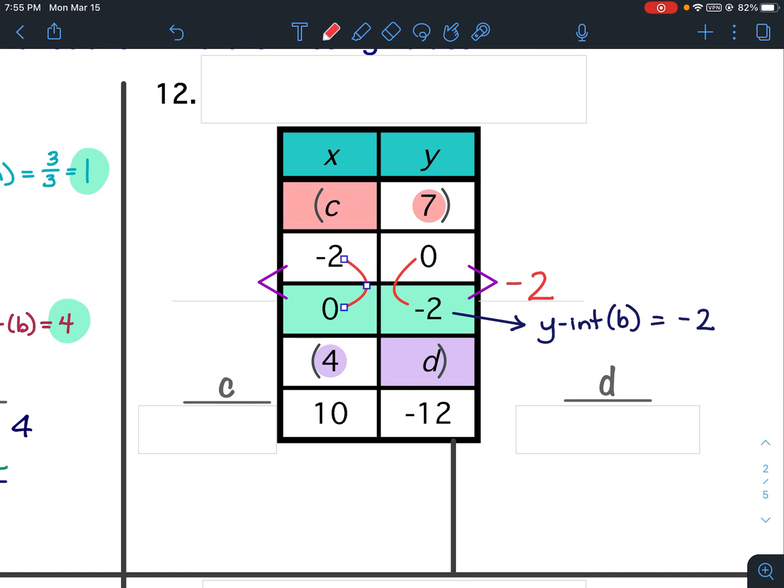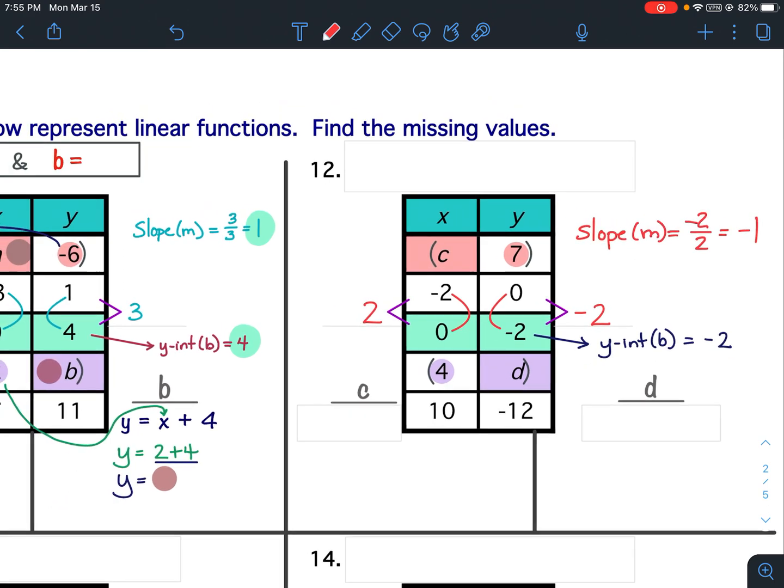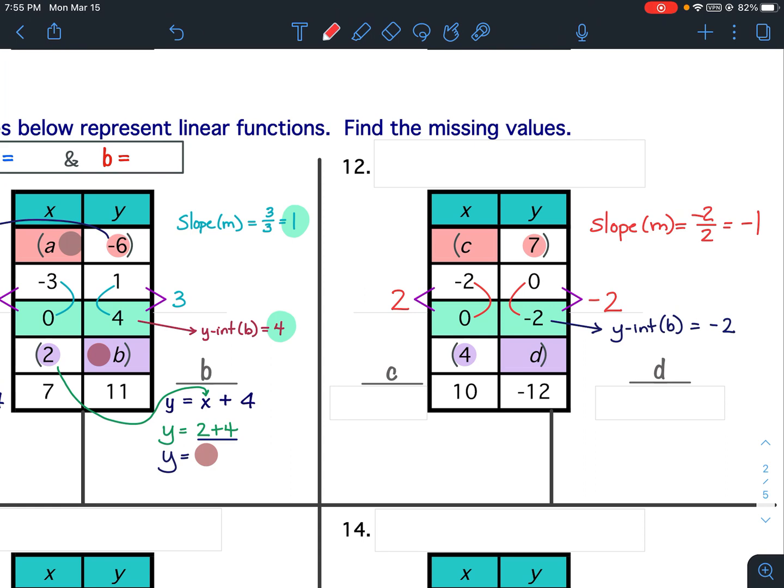And then 0 minus -2 would be 2. Slope is difference in y value over difference in x value. And -2 divided by 2 is -1. Now in question number 11, I didn't need the positive 1, but I am going to need to make sure I include that -1. So this and this will be used to write our equation.